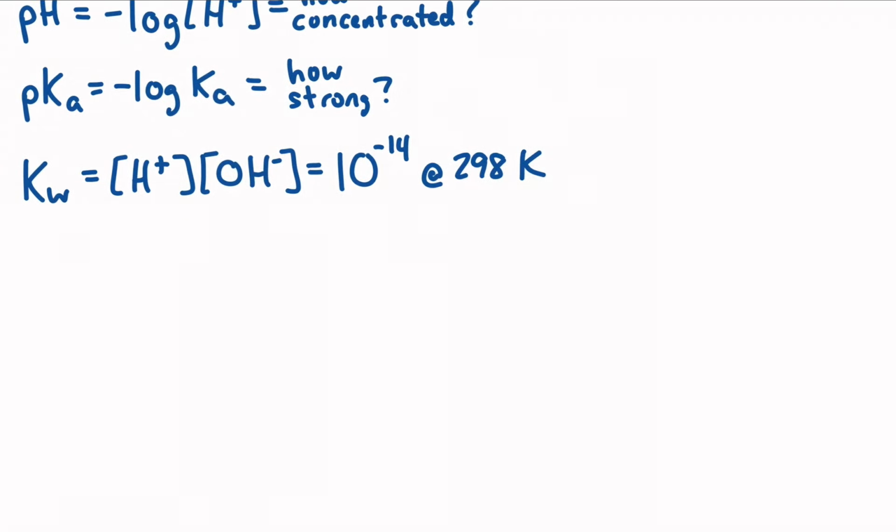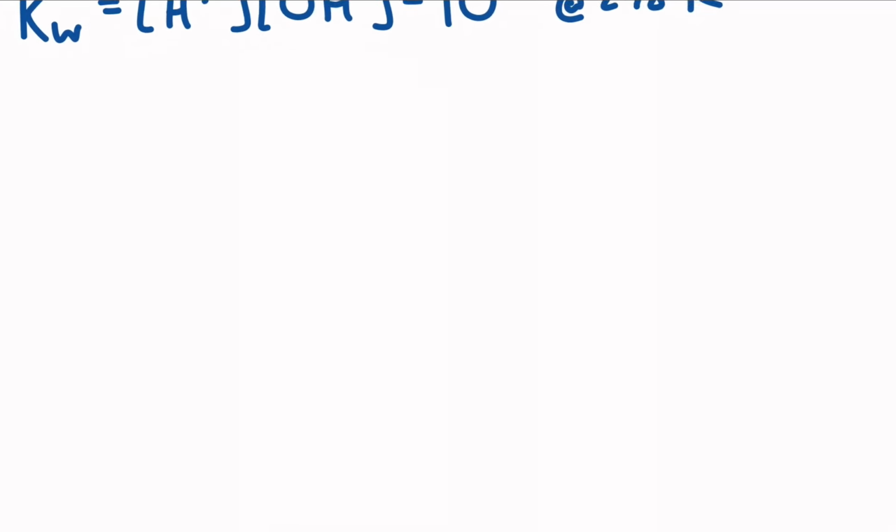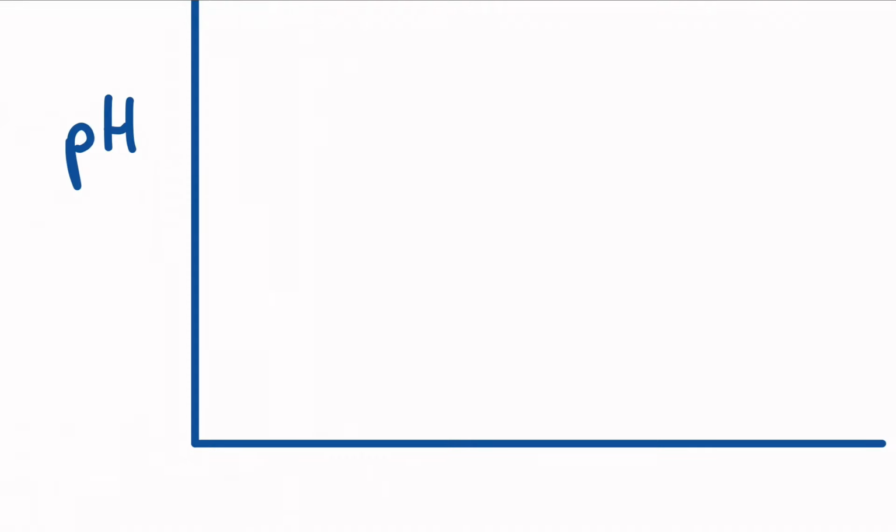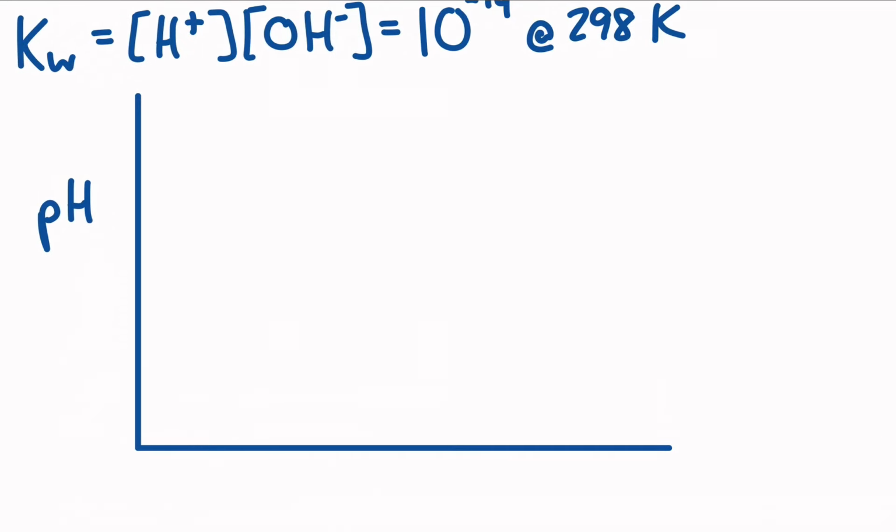Okay, I think the best way to review a lot of concepts related to acids and bases is to look at a titration curve, because everything in a titration curve is a review of all the concepts we've learned. So a titration curve is a plot of pH versus the volume of a titrant. So we can plot on the y-axis what happens to the concentration in pH versus, let's say, the volume of base that's been added.